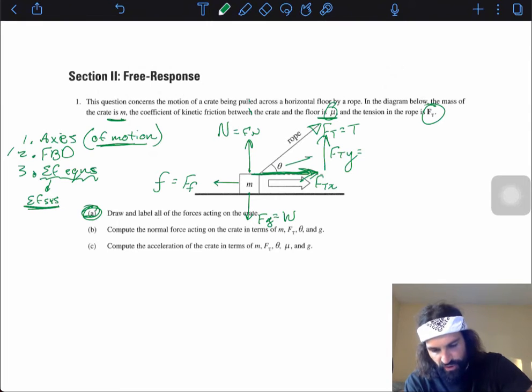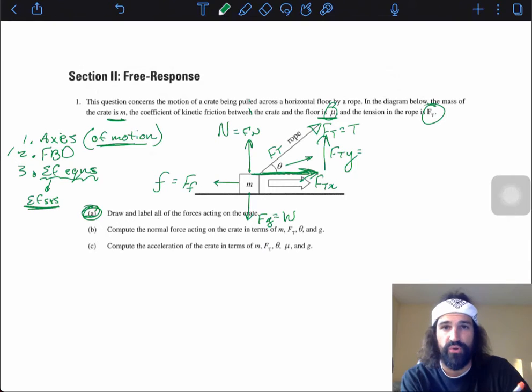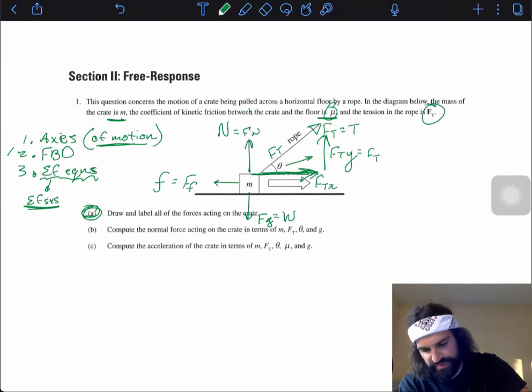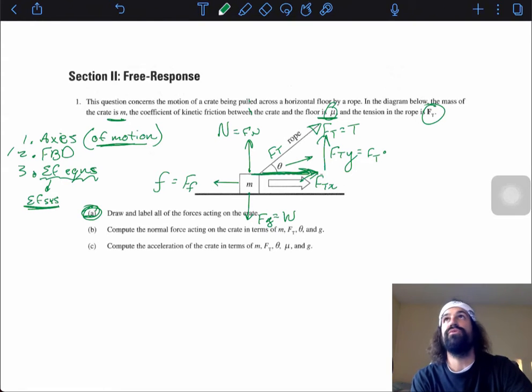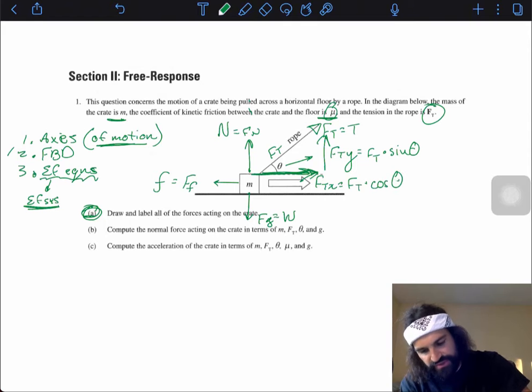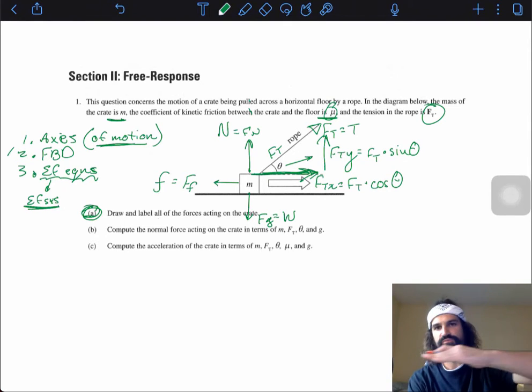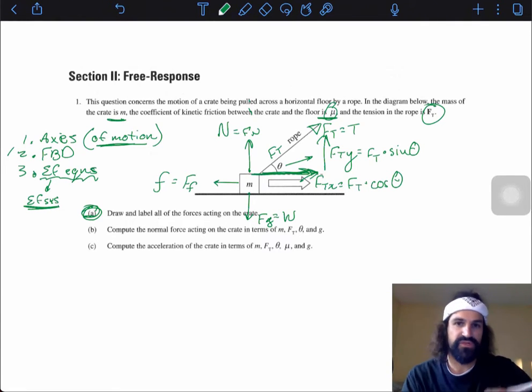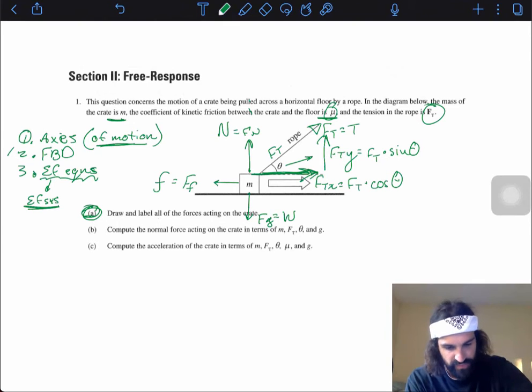Hopefully you already realize that if the hypotenuse is the full tension in the rope, then the opposite side would be the hypotenuse times sine theta, Ft sine theta. And similarly, Ftx would be the hypotenuse times cosine theta. So that cosine and sine tell you how much of this is pulling in the adjacent side and how much of it is used to actually lift the box. So we've broken down our forces into x and y, or along our axes of motion.